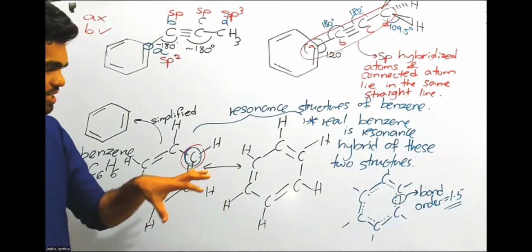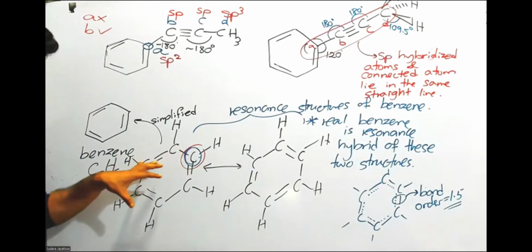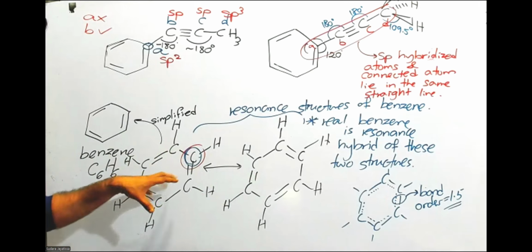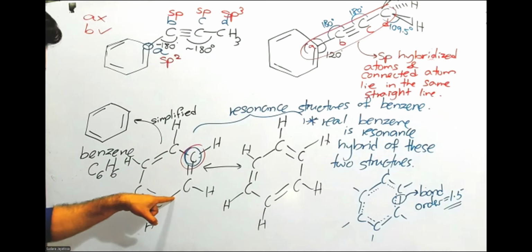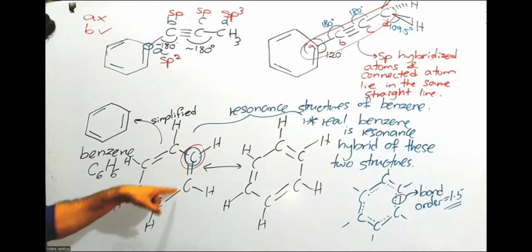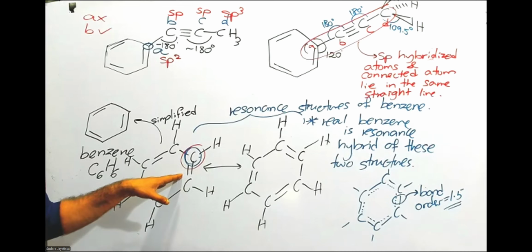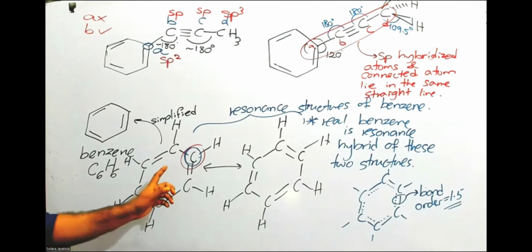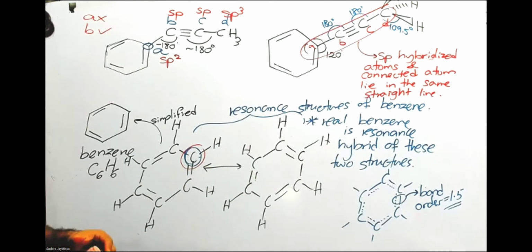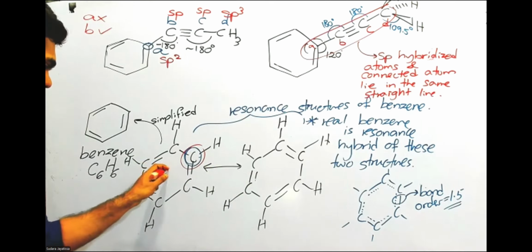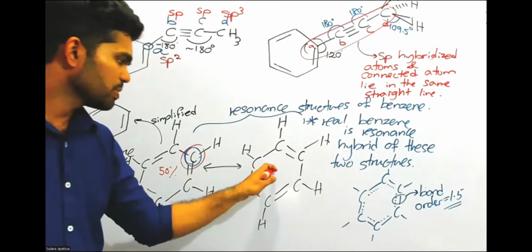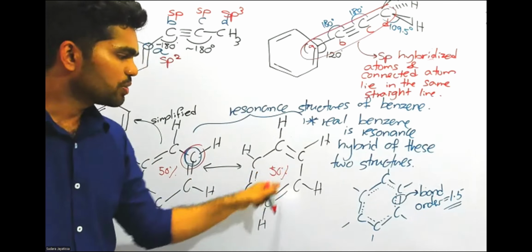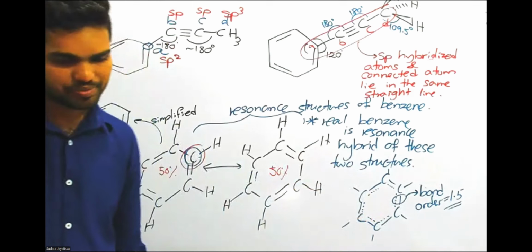If you just look at the one structure, you will see that there is a double bond and there is a single bond. So then you might think bond lengths are not equal. But that is not true, isn't it? None of these structures actually exist. Both of these structures contribute 50% each to generate the real structure.